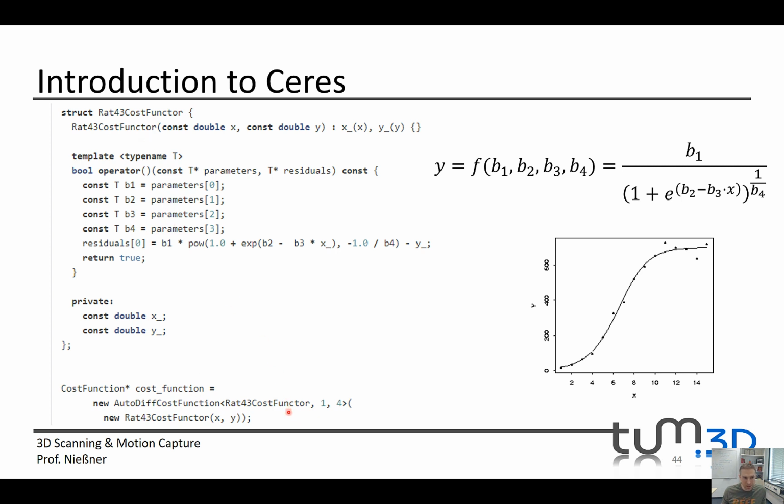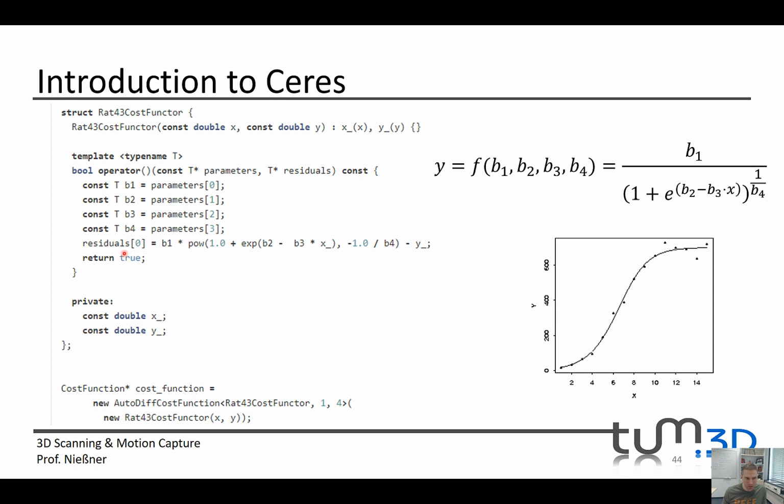And the idea here is that you have this parenthesis operator of the function that you're overloading, which gets parameters and residuals as input. In this case, we have a 4-dimensional parameter input. You have 4 parameters, B1, B2, B3, B4, and this one computes 1 residual.